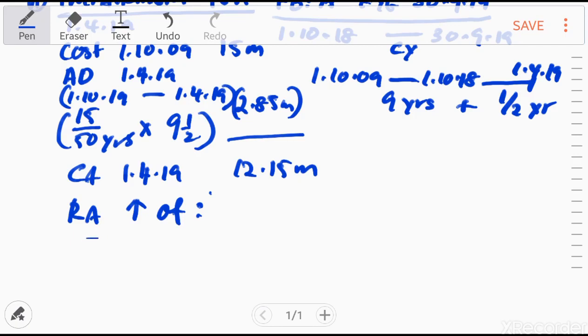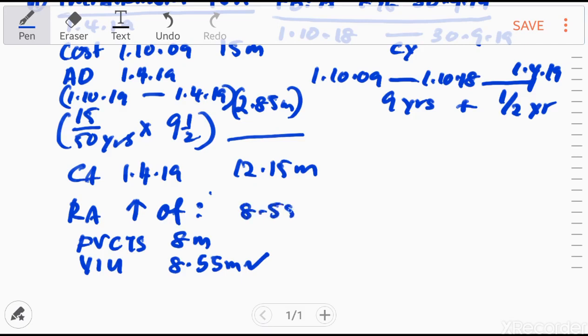So where was I just now? Okay, your fair value less cost to sell was 8 million. Your value in use was 8.55 million. So this one is higher, right? So we'll take 8.55 million. And if you compare, the carrying amount is more than the recoverable amount.